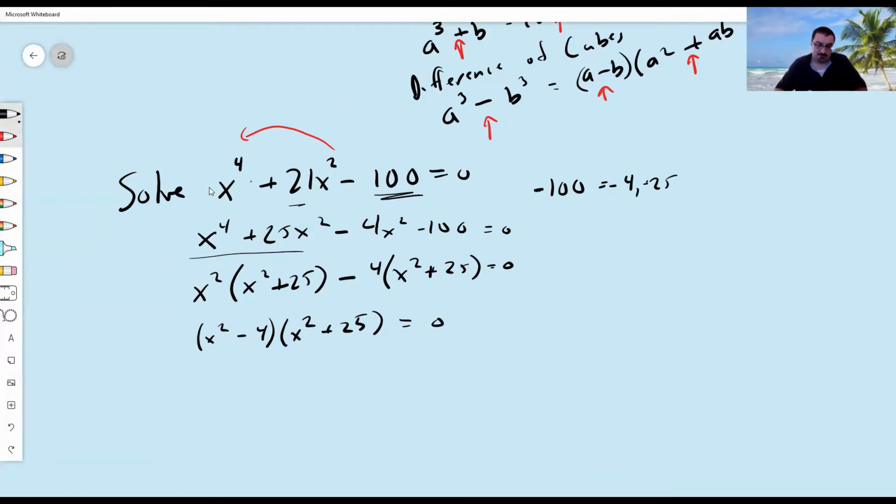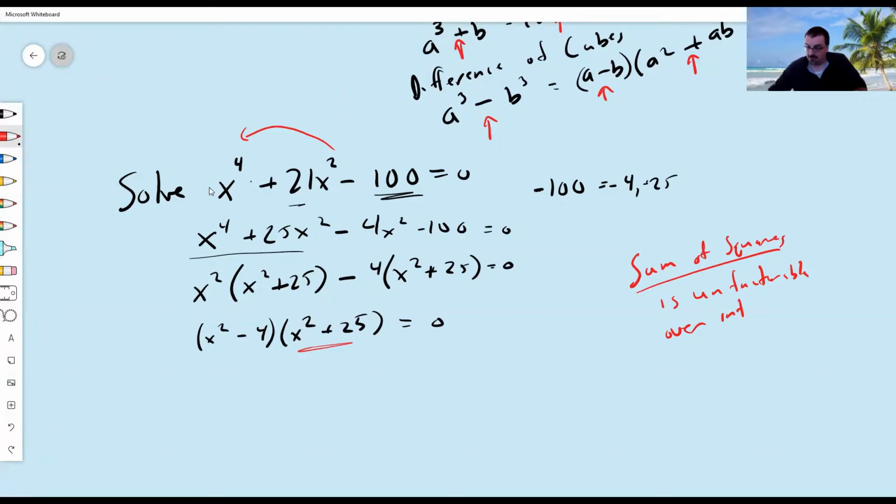Now, just a reminder, a sum of squares is unfactorable over integers.